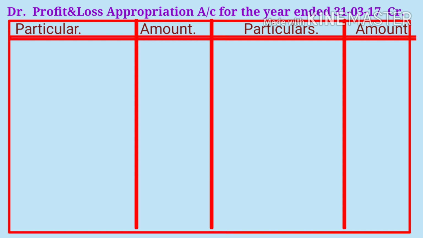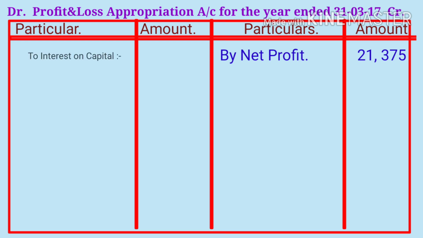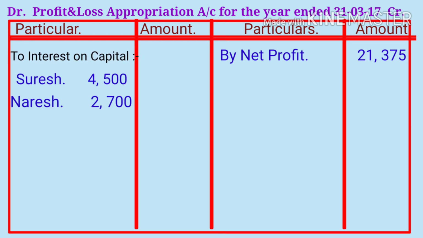We know the profit and loss appropriation account begins with the net profit. Here our net profit is 21,375, so it will be credited in this account. And we have to charge all expenses on the debit side. First, interest on capital: Suresh 4,500, Naresh 2,700, total 7,200.